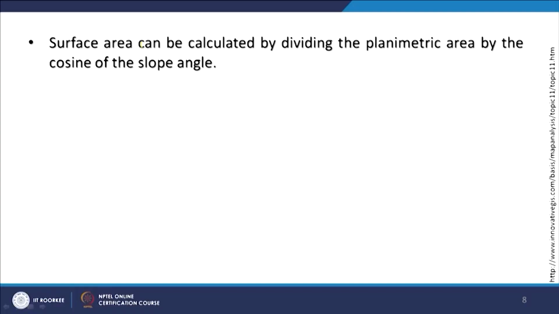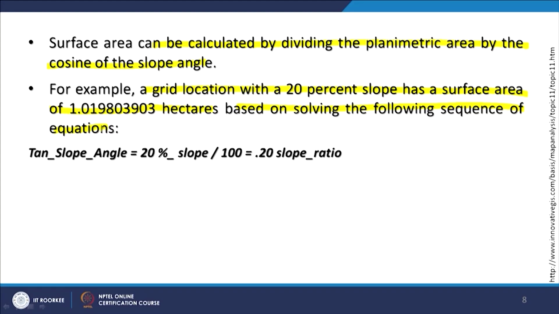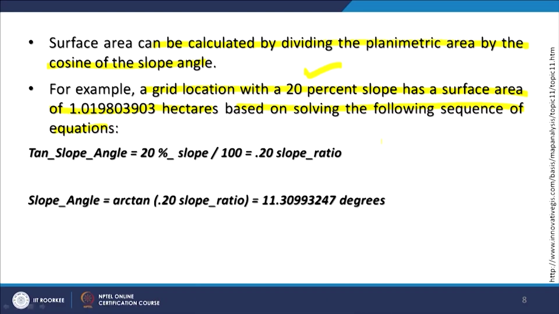So the plane area, that means what we consider in 2D, is always less than when we consider in 3D. Surface area can be calculated by dividing the planimetric area by the cosine of the slope angle. For a grid location of 20% slope, the surface area in hectares is based on solving the following equations, which we have already seen. The slope is 20%, divided by 100, and we get this ratio.